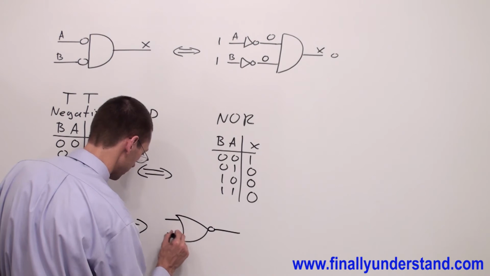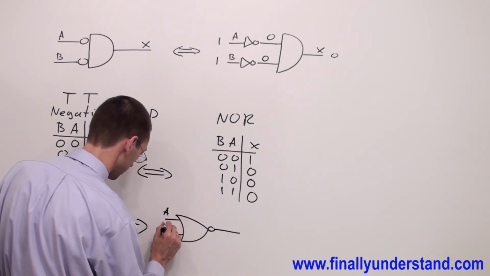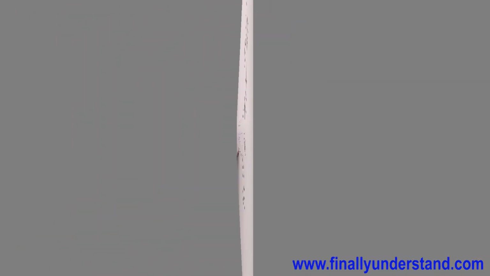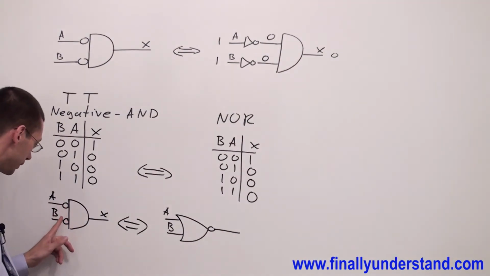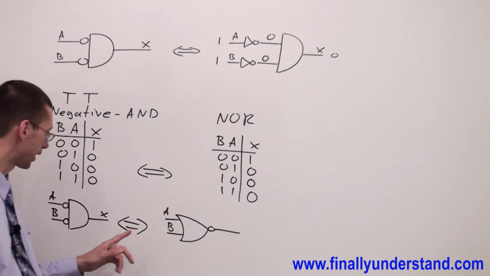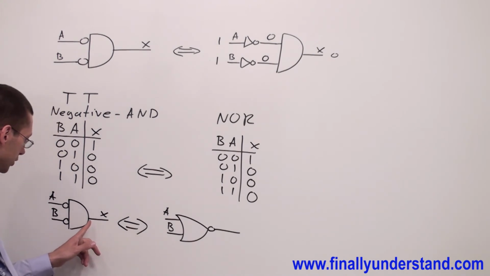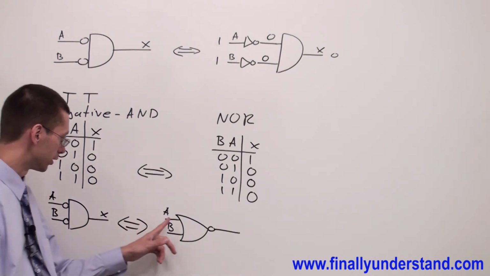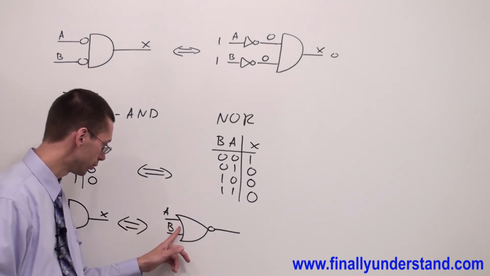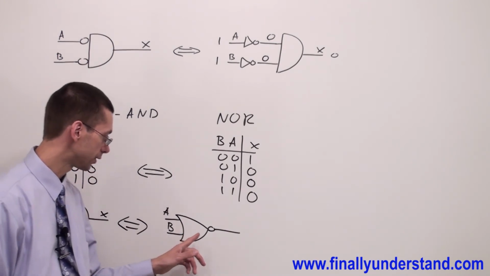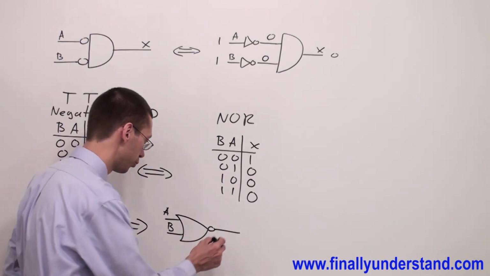Okay, so I have A, B. These two bubbles are telling me that I have two active low inputs. Anytime I have no bubble means there is active high. In this case we have output. This gate has two active high inputs because I have no bubbles and active low output.